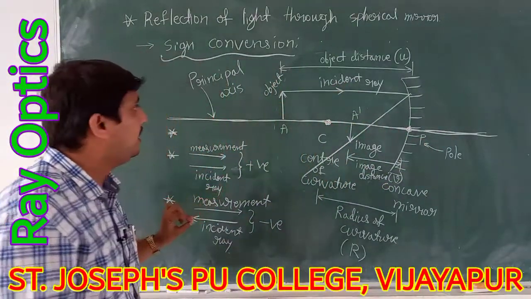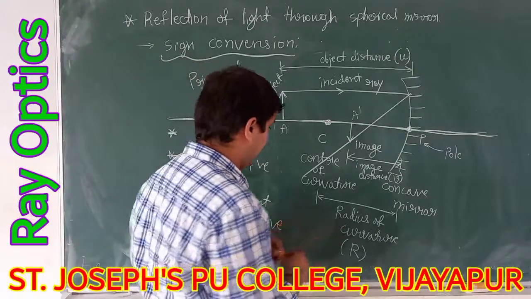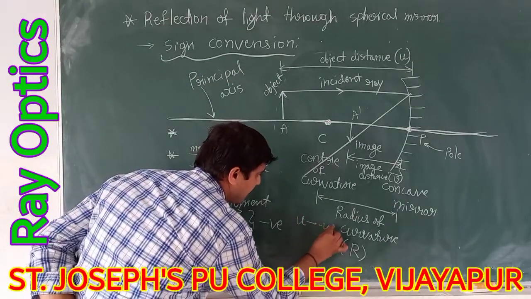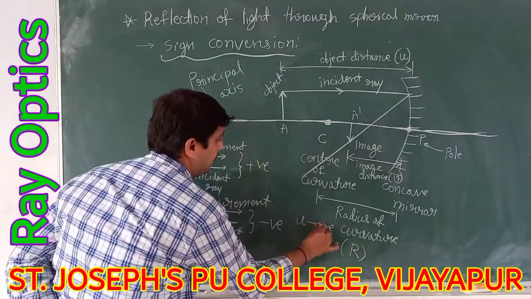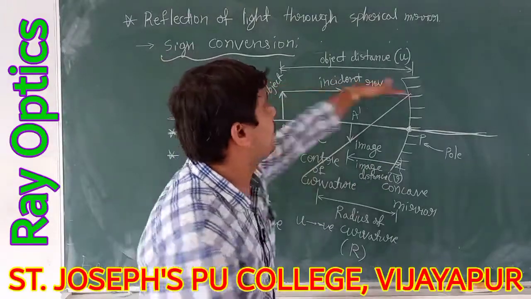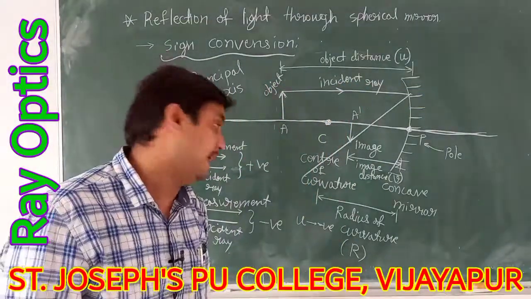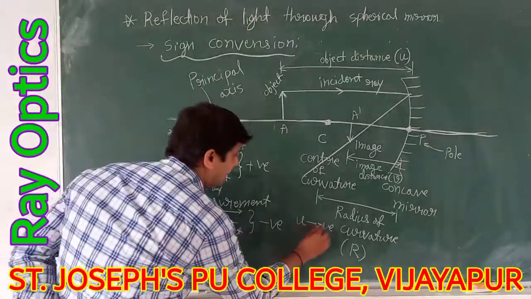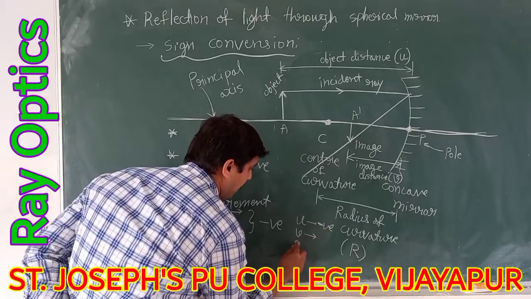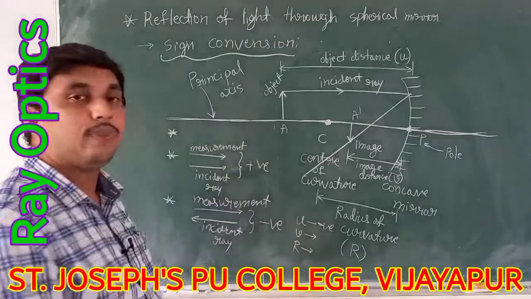So in this case the object distance is taken as negative, because the measurement is opposite to the direction of the incident ray. Similarly, you can say that for image distance and radius of curvature.